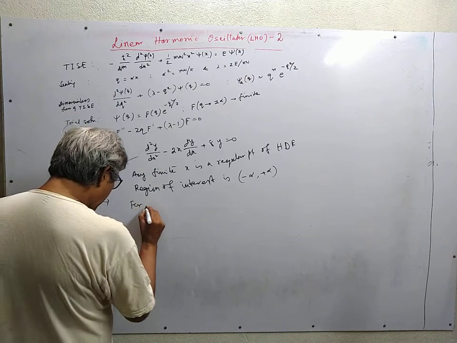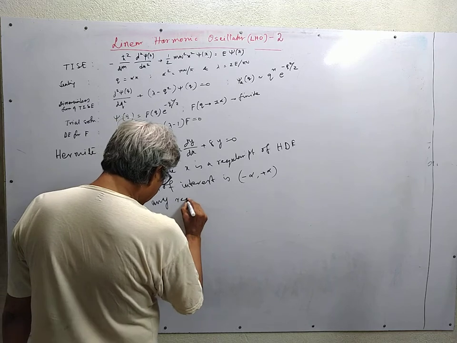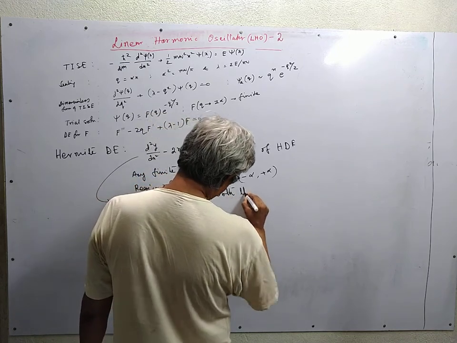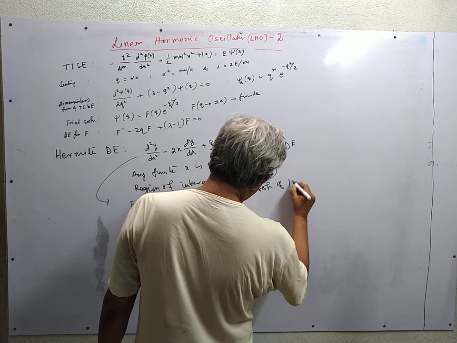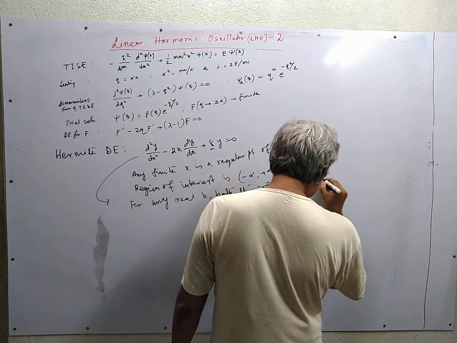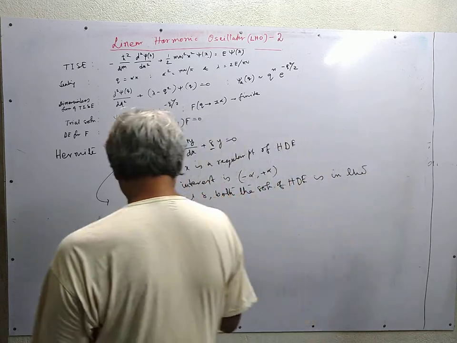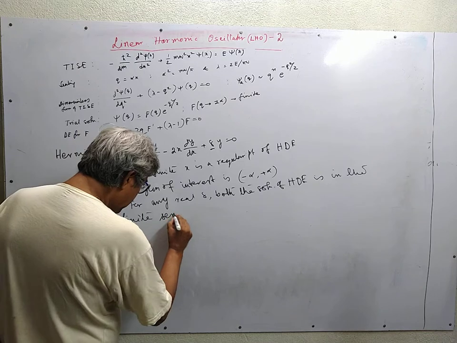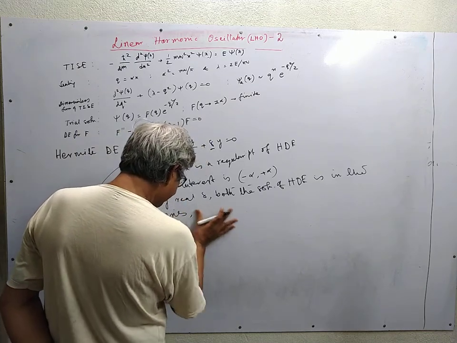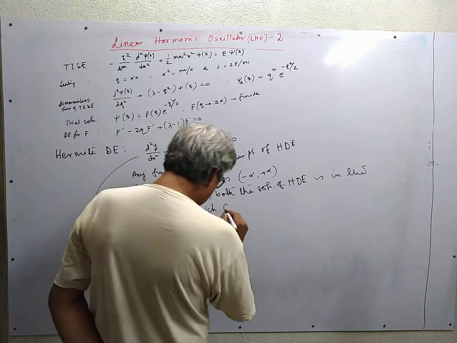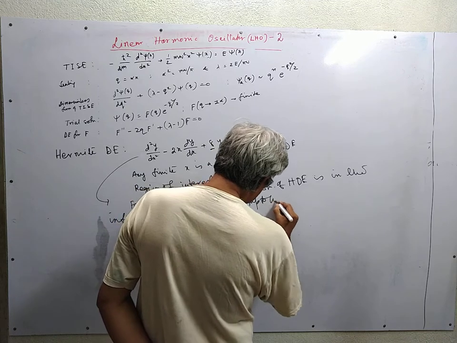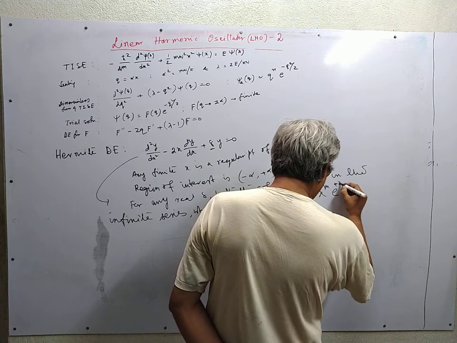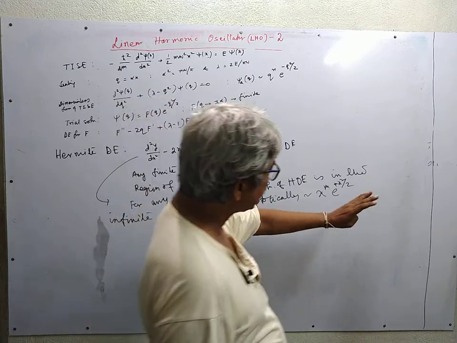For any real gamma, both the solutions of the Hermite differential equation are in the form of infinite series, which asymptotically vary as x to the power m e to the power plus x square by 2. So its convergence is not guaranteed.